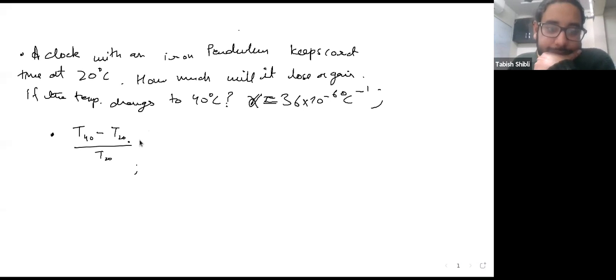Okay. First of all, we need to recognize what is the time period of this pendulum? Do we already know that?